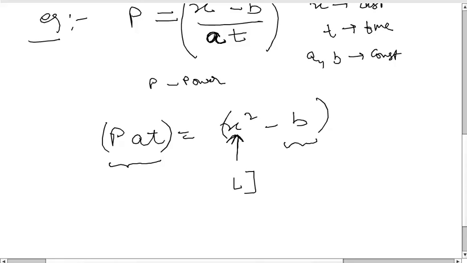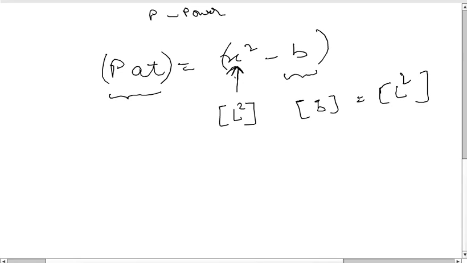So the dimension of this term is L to the power 2. Now if we are subtracting these two terms, then these two must have the same dimensions. So the dimension of B must also be equal to L to the power 2. Is it clear?